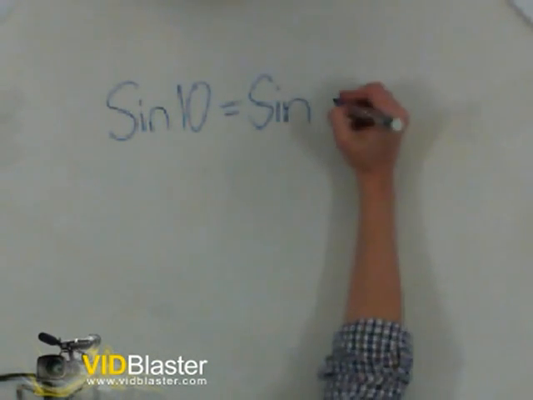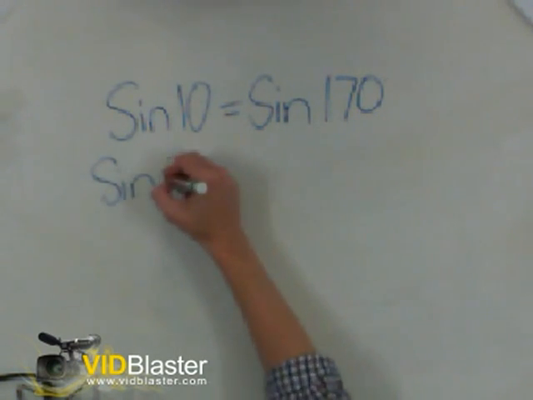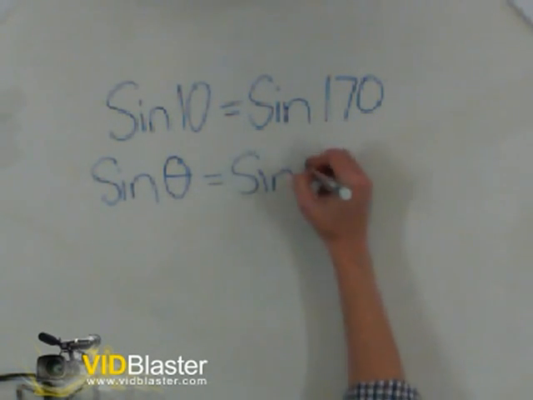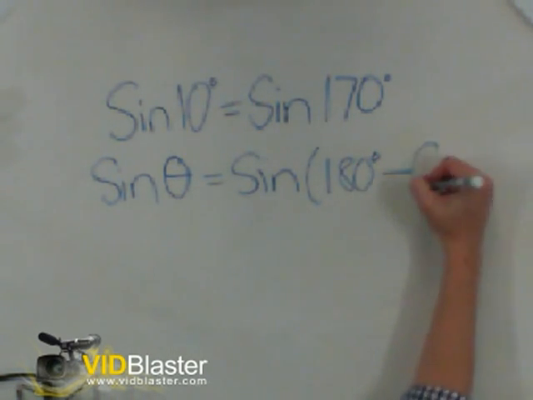As soon as they understand, wow, depending on the sign in the quadrant, that's how I'm going to reduce it, and once we've drawn a conclusion that sine of 10 is equal to sine of 170, I can say, okay, sine of theta is equal to sine of 180 minus theta.